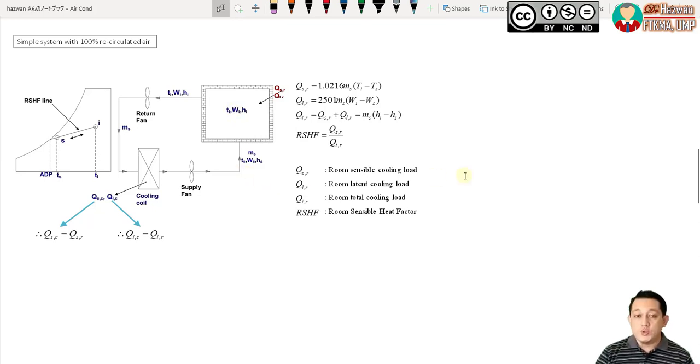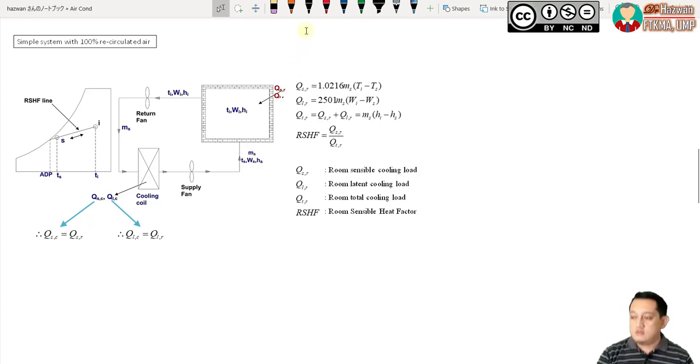To calculate the sensible heat and the latent heat of the room and also the cooling coil, we have this basic equation.